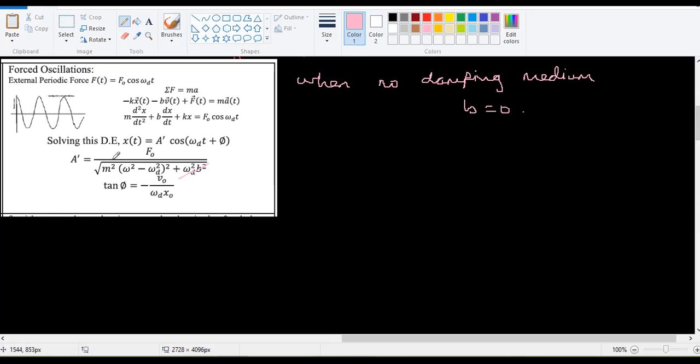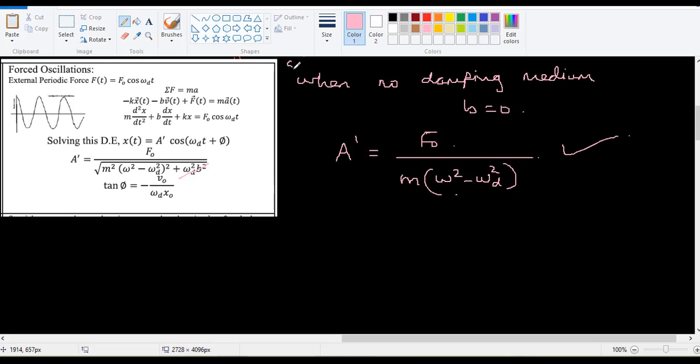So what is left is only this one. In that case, amplitude A dash will become F naught divided by square root, and squares will cancel. So what is left is m times omega squared minus omega d squared. So that's a special case. Take it as a special case.